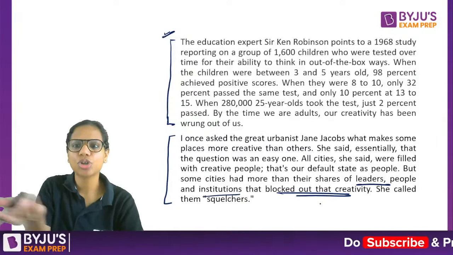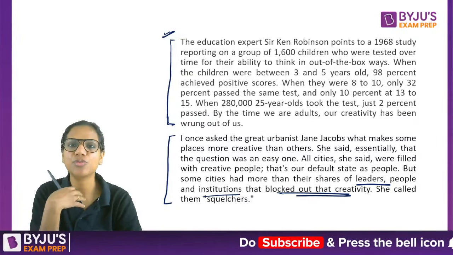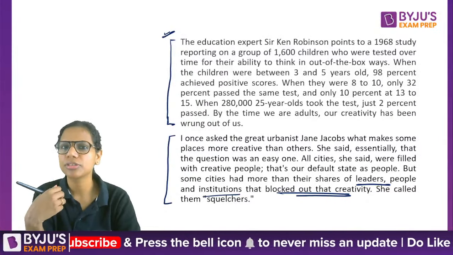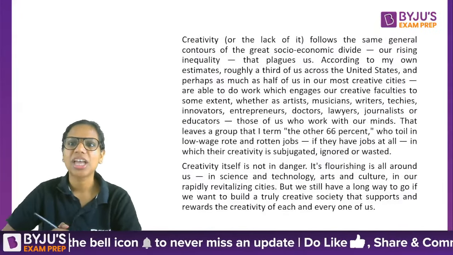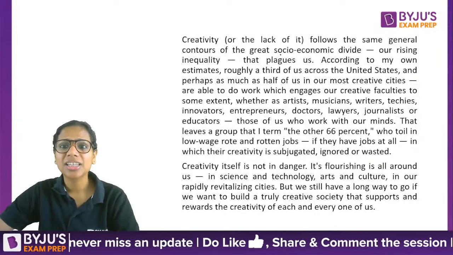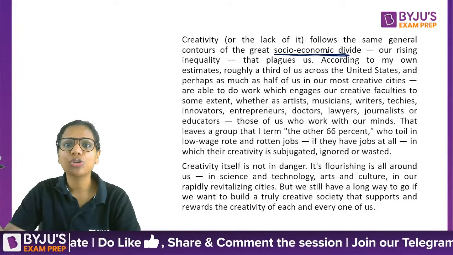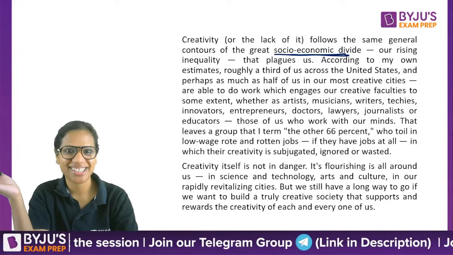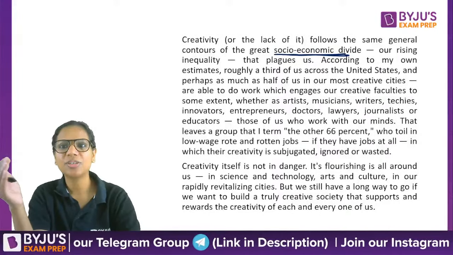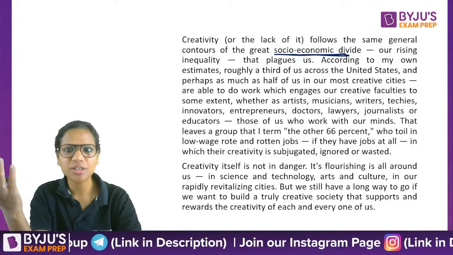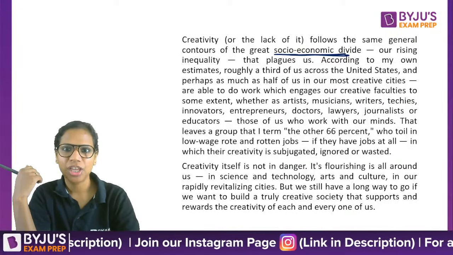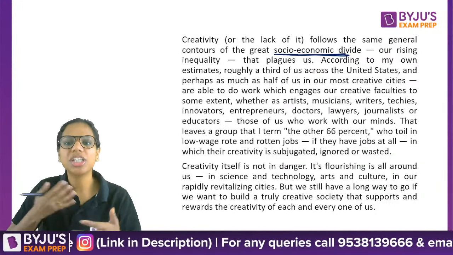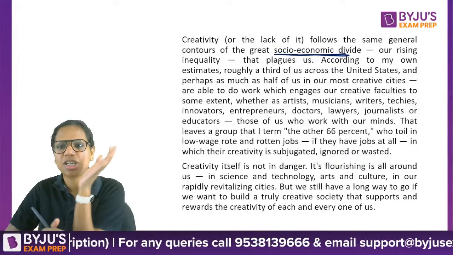Had it not been a social process, how would you block it out? If it was something inherent in every individual, then they would not have been able to block it out, isn't it? Then, in fact, it is also subject to the contours, the general boundaries of the great socio-economic divide. It is so social in nature that it is also affected by this socio-economic divide. It is affected by inequalities in the society. So only social processes would be affected by it, right? So why am I showing you this?